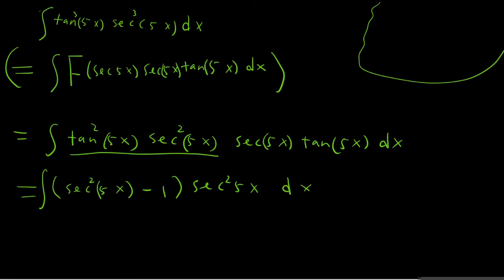Sorry, I did something wrong. Let's start over. Times tan of 5x, I mean. At this point, we can choose a substitution, and then we continue.